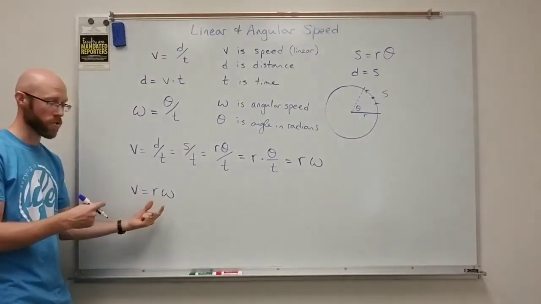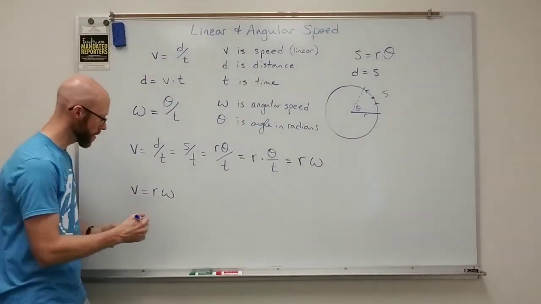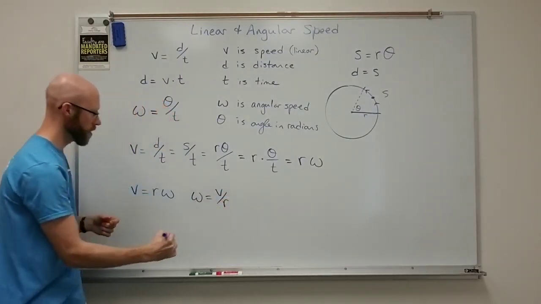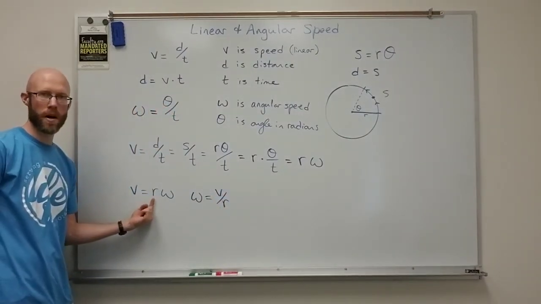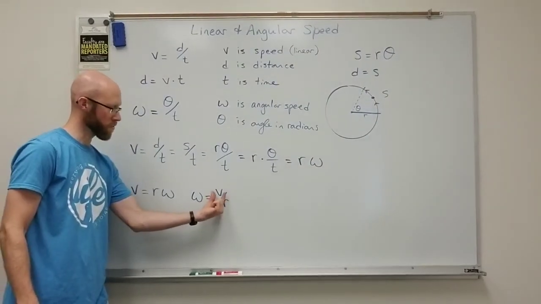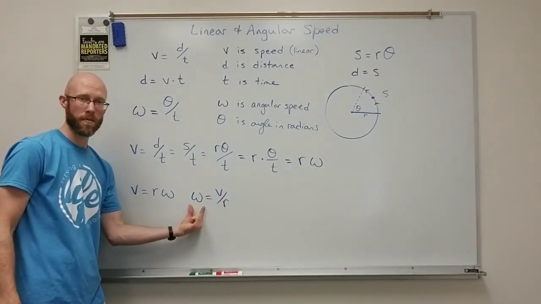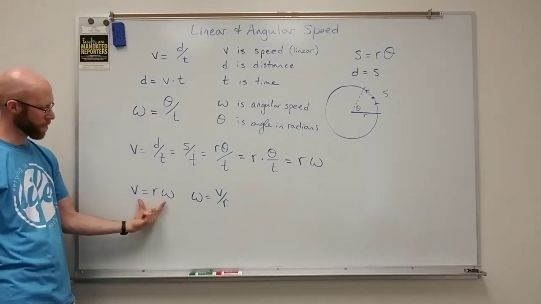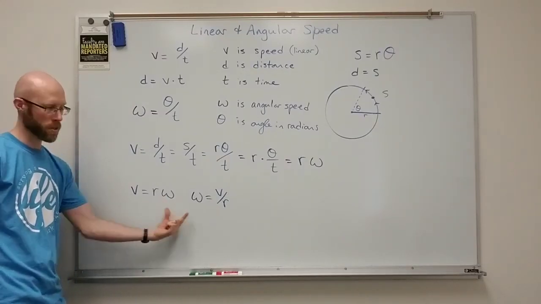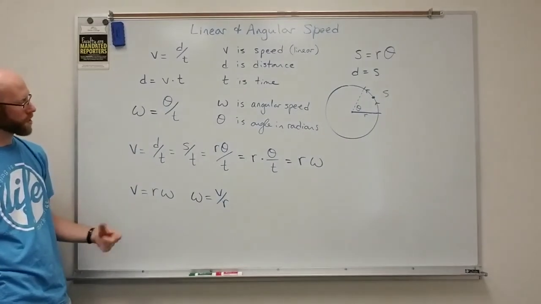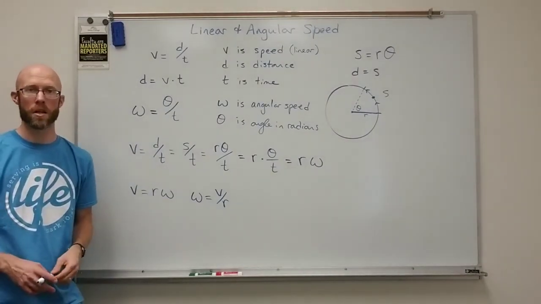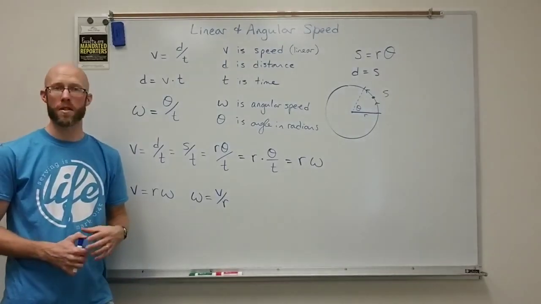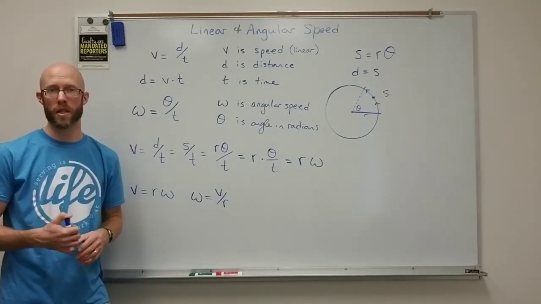But then conversely, if I were to solve for omega, I know that omega is equal to v divided by r, right? I divide both sides by r. And so if I know v, I can find omega. All right, so these two formulas, really we'll probably focus in on the one on the left here, but they're interchangeable. These formulas are now going to be useful as well in solving some applications, which we'll get to in the next video.